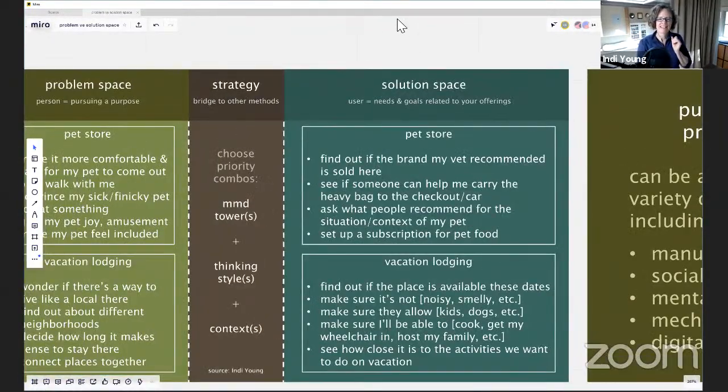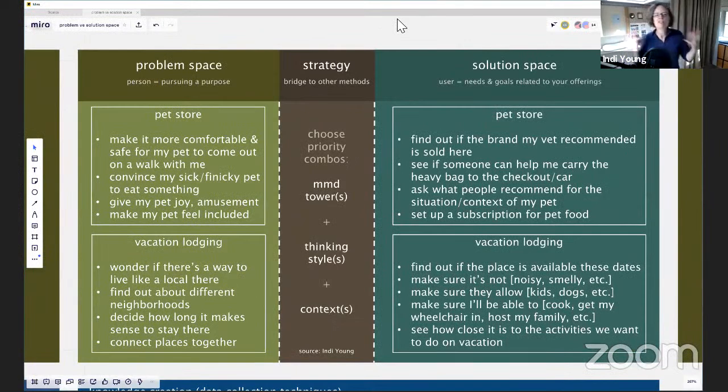Yep. So I just gave some examples of purposes in the solution space and the problem space. I'm looking at it from the lens of a pet store just to help you see the difference. So if I was a pet store, a person who comes and interacts with me one way or another may have some purposes, such as I want to find out if the vet recommended some sort of brand and I need to get it.